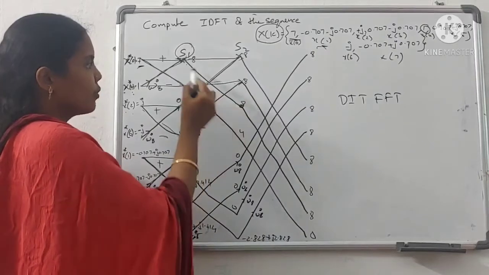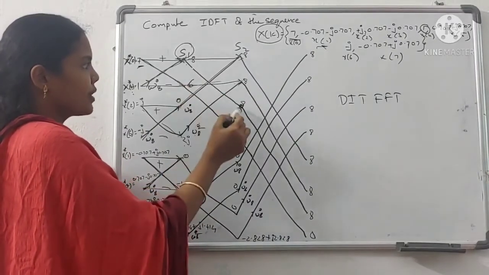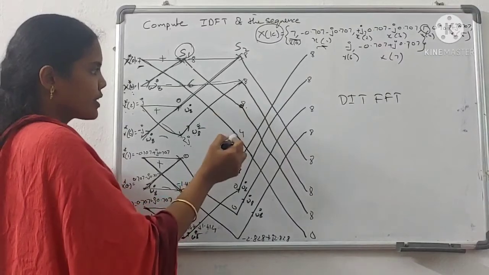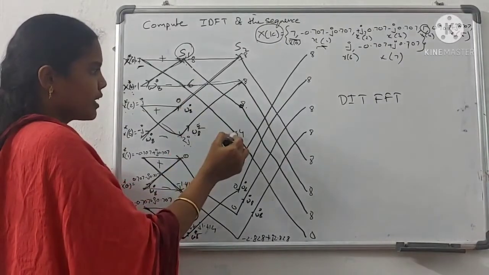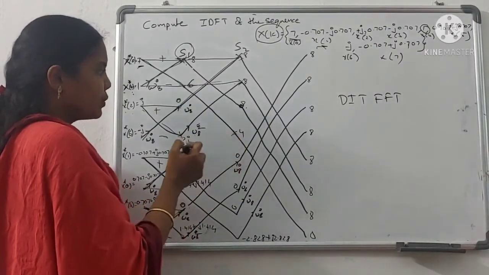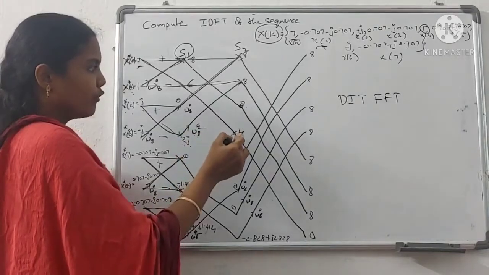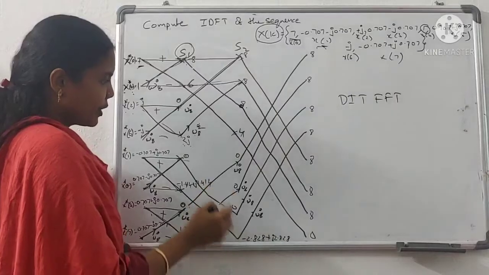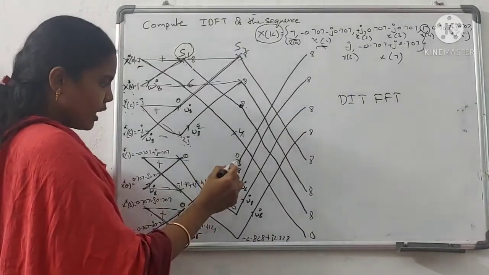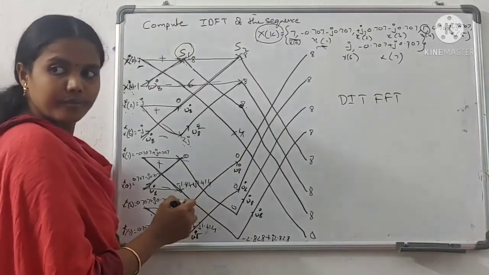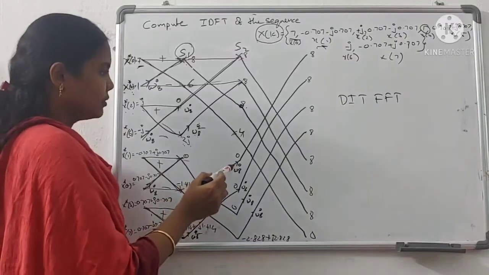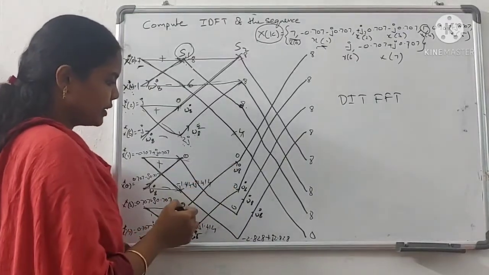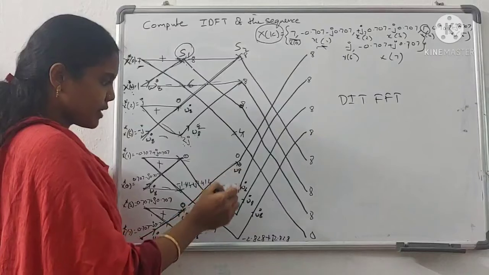Now, next one. One input is 8, second input is 0. You are getting 8. Next one is one input is 6 minus 2j into W_8^2. You are getting 4. So in the same way, last four inputs also, one input is 0 and the other input is 0. You are getting the value as 0.